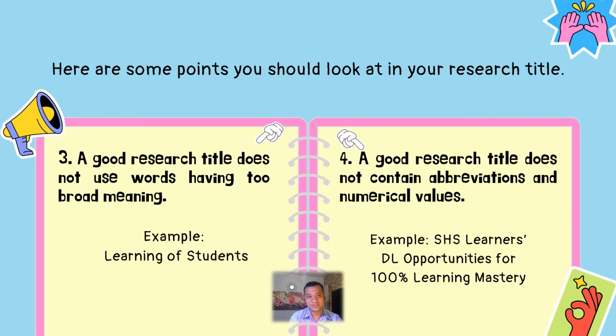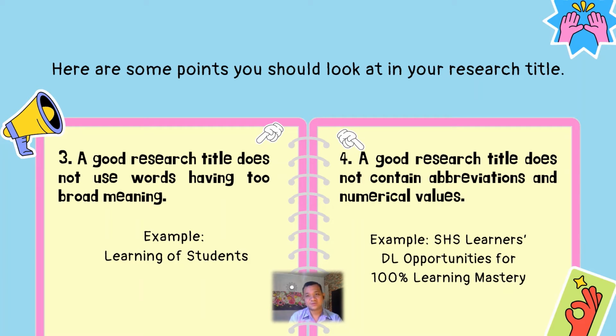Or are we referring to learning a particular language or a particular skill? So, in other words, it doesn't have a focus or concentration. Another thing is students. Who are the students? Are we referring to grade 7, grade 8, high school, senior high school, or college students? So as you can see, it's not clear in the title.